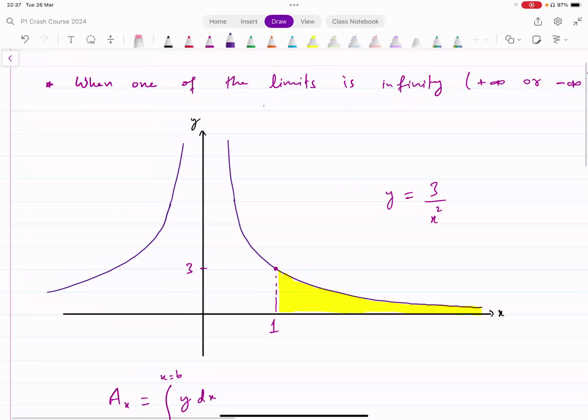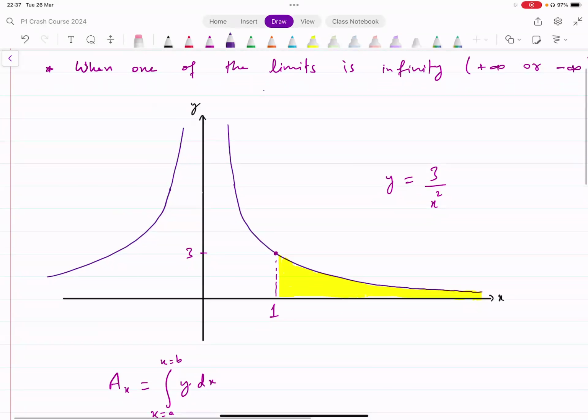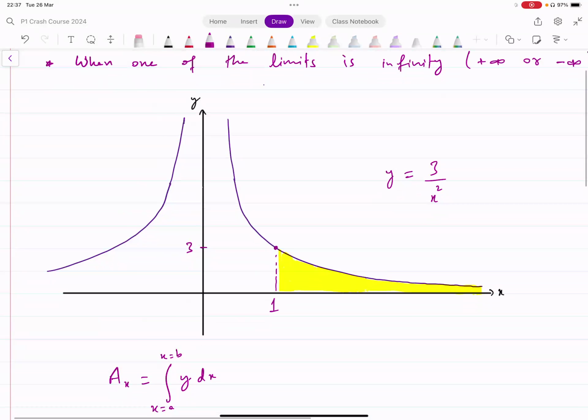Let's say we wanted to find the area between the graph and y-axis now. Let's say we were looking for that area between the graph and y-axis, and let's say if x equals 0.5, that gives us 0.25, 3 over 0.25, that's going to be 12. Let's say we have some number here, which is 12.